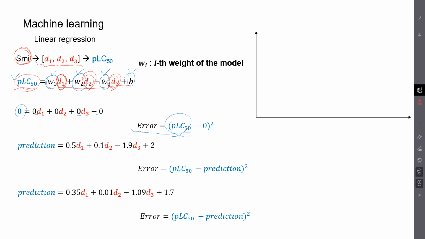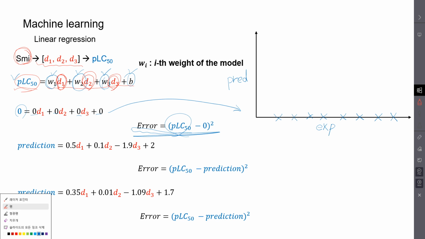Let's say this is an experimental value and this is a prediction value. Whatever the experimental value is, every prediction will be 0. So this is a prediction from this model, and now we have an error.